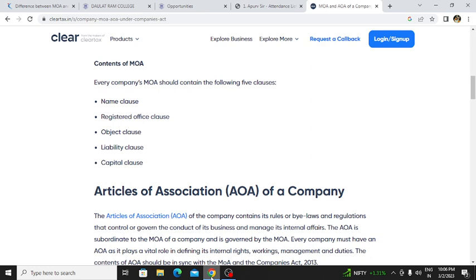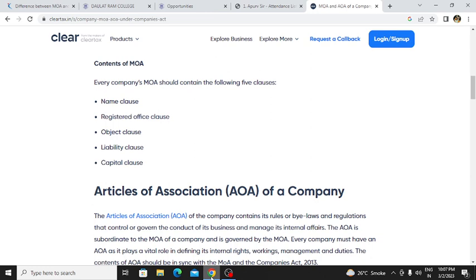Registered clause, object clause. Registered clause is where your business is registered within a local territory, within a state, town, etc. Object clause is what the nature of the company is, on which motives the company arises or is to be incorporated. So that is the object clause.